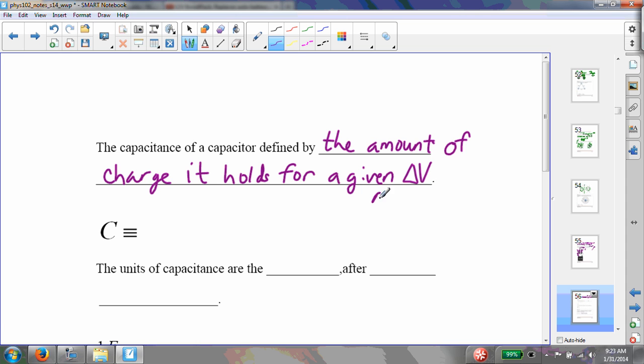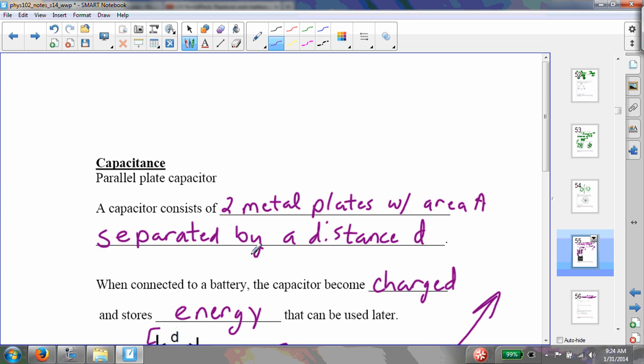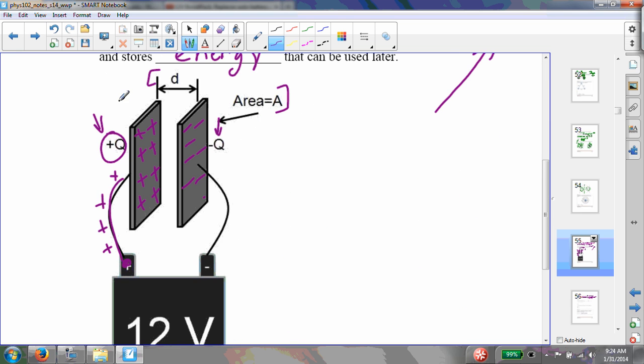Just to remind you, let me go back to that previous page. When we talk about potential difference, it's the potential between two points. So for example, if this is VA and this is VB, my change in potential or my potential difference is going to be VB minus VA. And also remember, when we're talking about potential, that's a measure of energy per charge. So this is a difference in the amount of energy per charge for a given charge.